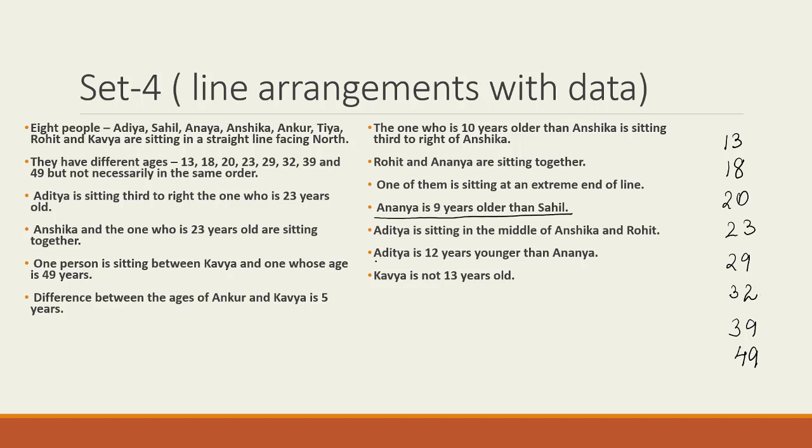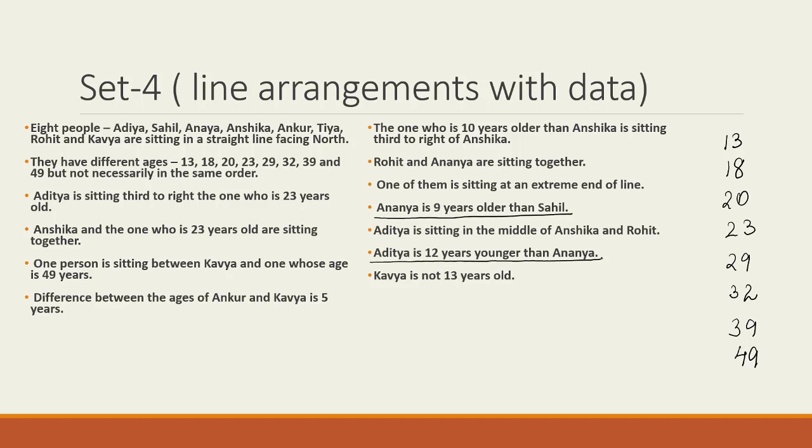At the same time, Aditya is 12 years younger than Ananya. So Ananya's age should be such that I have one age 9 years lesser than that particular number and another age 12 years lesser than that number.